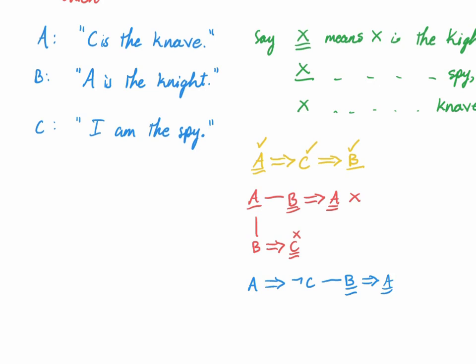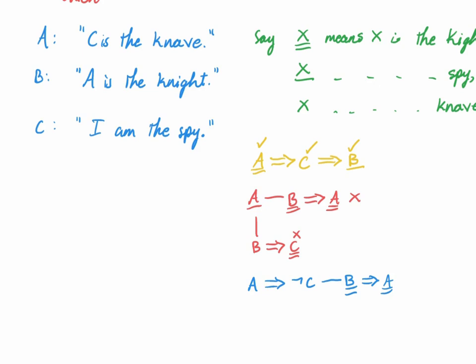If A is the knave, then A must be lying about C being the knave. So we know that C must not be the knave in this scenario. But still, that's not enough to really determine much, so we get two branching possibilities. I'll turn to B and say that B could either be the knight or the spy.